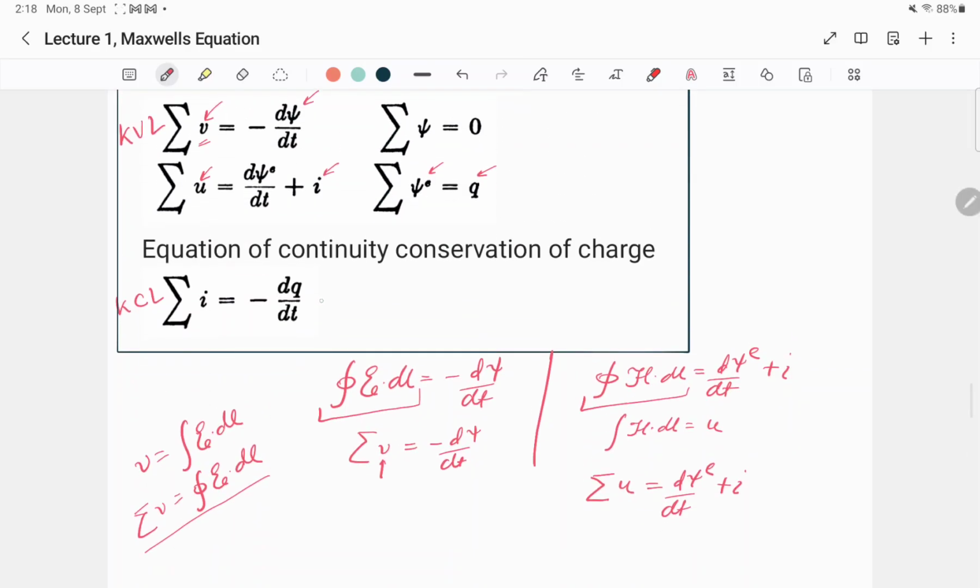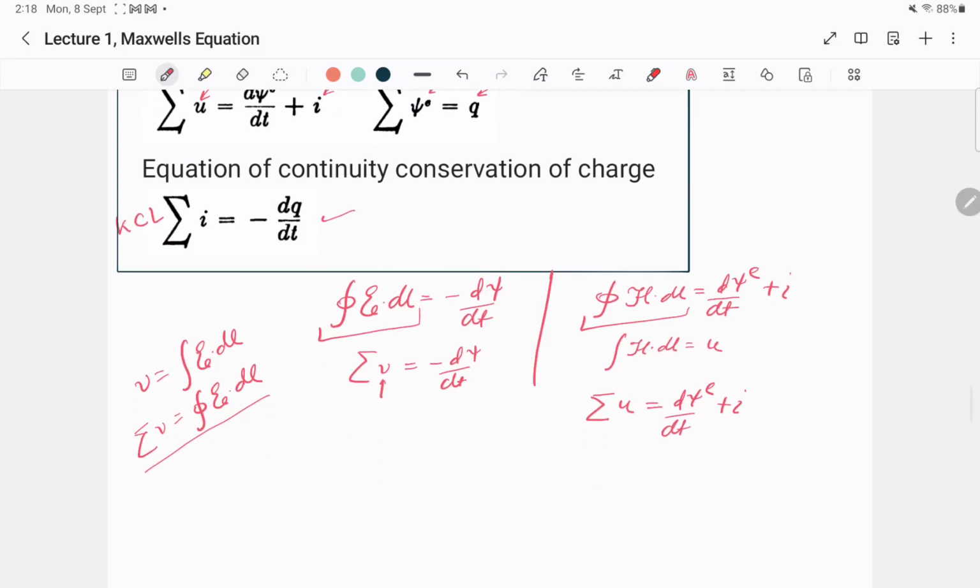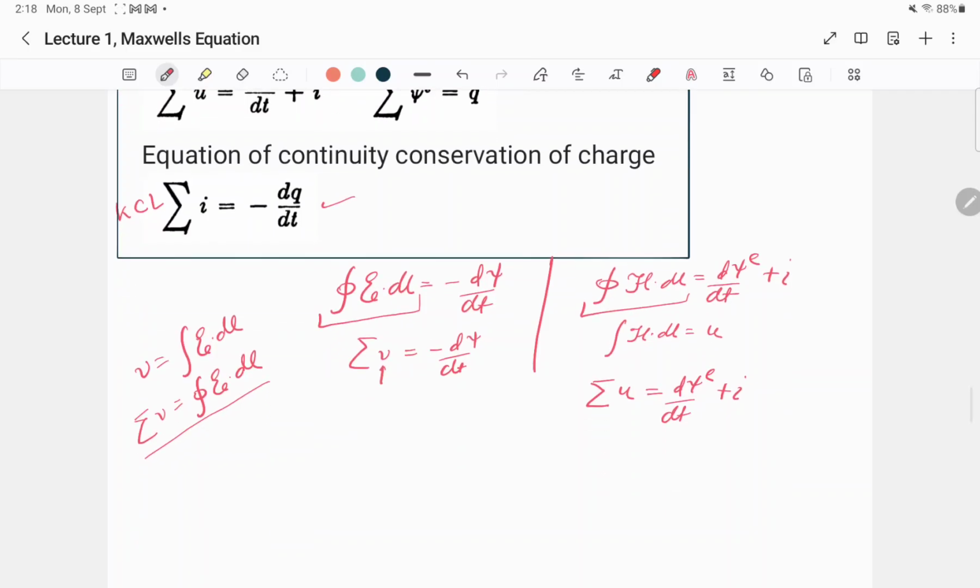Similarly, if you see the continuity equation here, we know that the closed surface integration of J dot dS is equal to minus dq by dt.